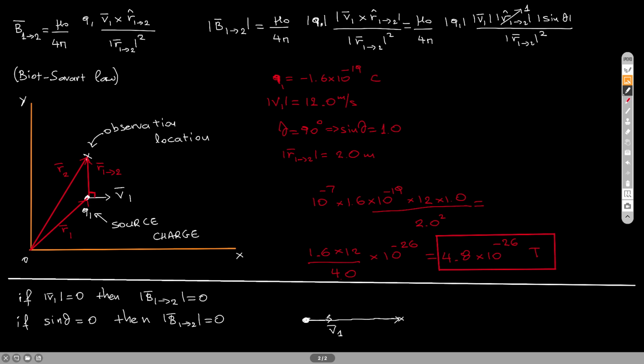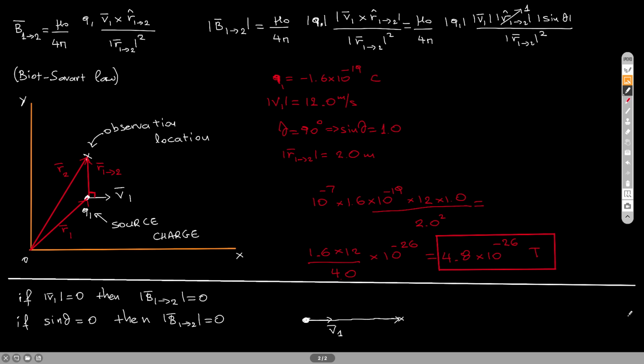In this case, the angle between the two vectors is 0. If theta is 0, the sine of 0 is 0, which means the magnetic field is 0. This is telling me that a moving charge, a charge that moves in this direction, creates no magnetic field everywhere along this line. From here to anywhere here, the magnetic field is exactly 0.